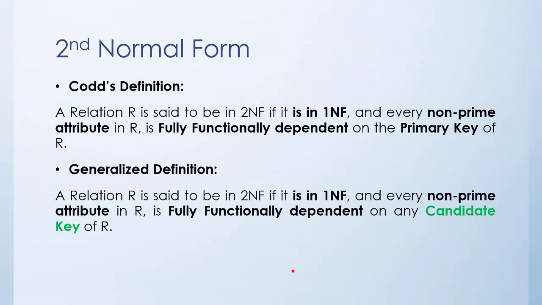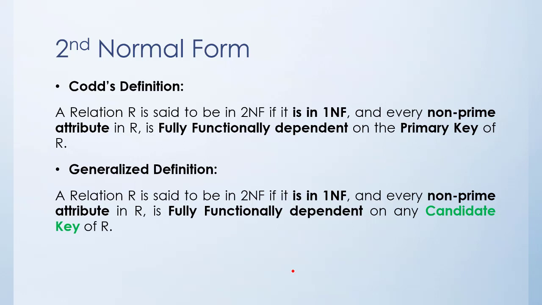These normal forms were proposed by E.F. Codd, and by Codd's definition, a relation R is said to be in 2NF if it is in 1NF, so there should be no multivalued or composite attributes or a combination of these two in the relation, and every non-prime attribute in R is fully functionally dependent on the primary key of R.